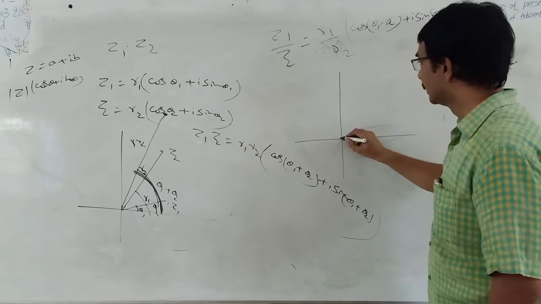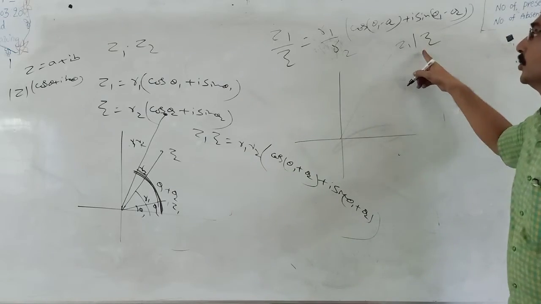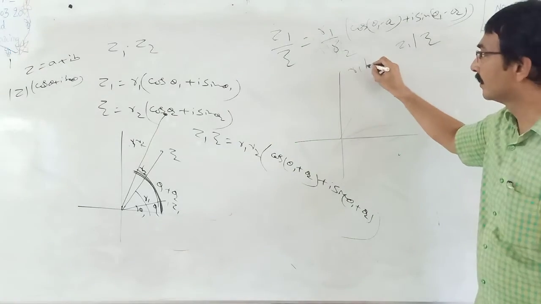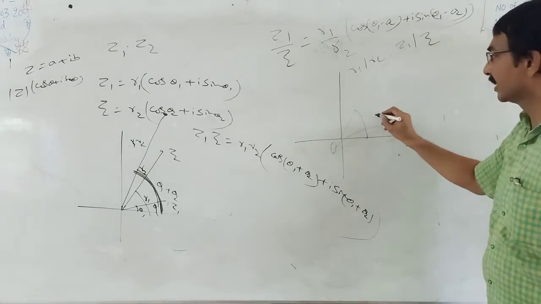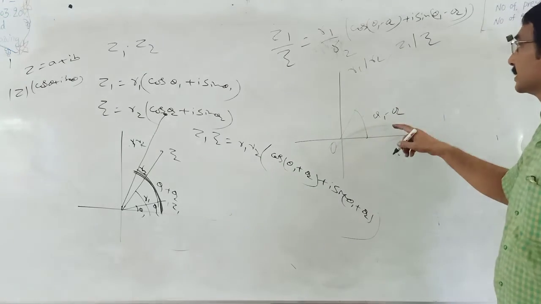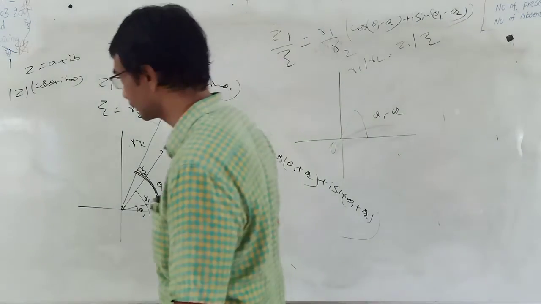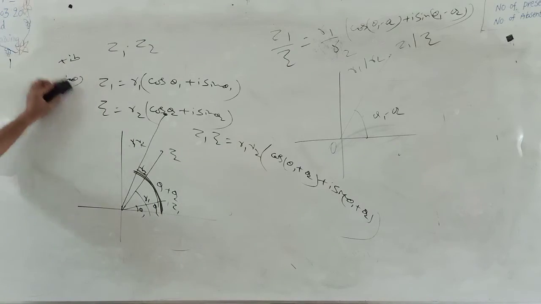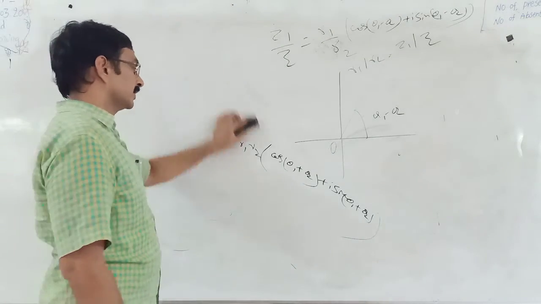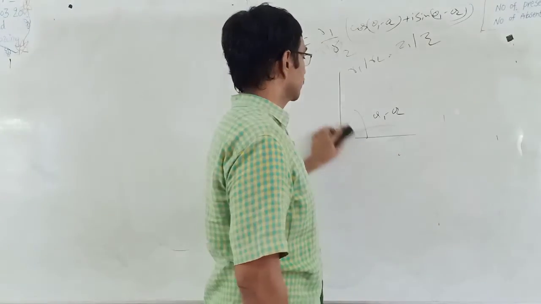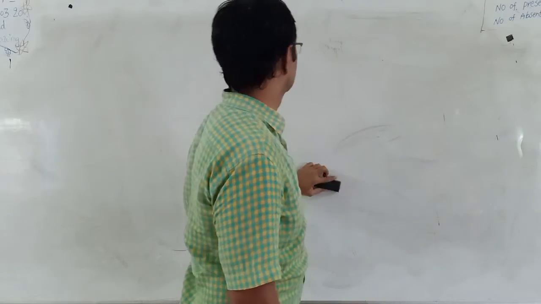That means z1 by z2 exists at a distance of r1 by r2 from origin, having inclination theta 1 minus theta 2. So this is the position of z1 by z2 from the given complex numbers z1, z2. So the geometrical representation of the sum, difference, product and division of complex numbers was completed.